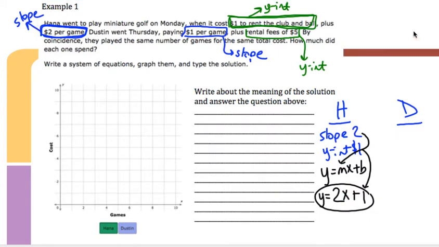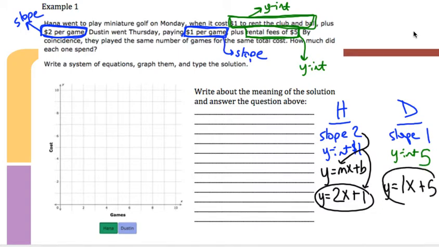Now Dustin's equation, if I look at his slope, his rate, it was $1 per game. So his slope is going to be 1, and then his extra fees, his fixed cost, his y-intercept is going to be $5. So now if I write my equation, it's going to be y equals 1x plus 5.